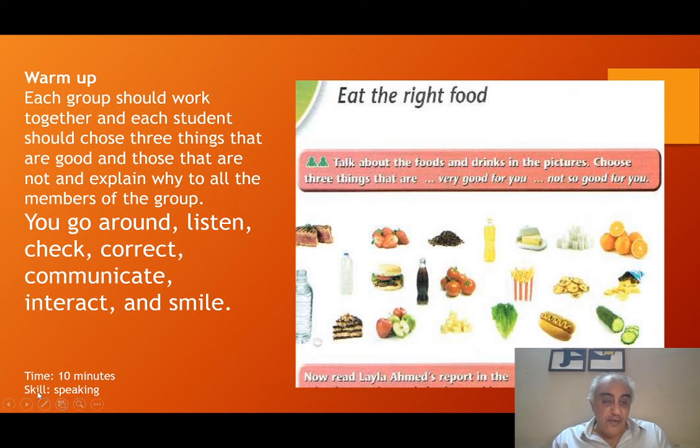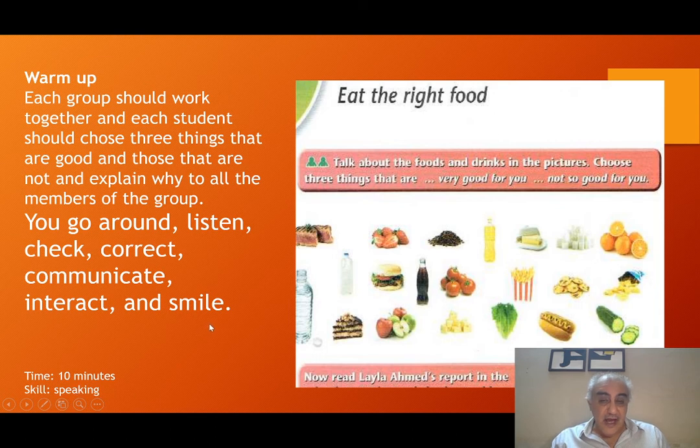The idea of the warm up is to improve the speaking skills. Remember, this is very important. You need to understand this. Of course, you're not going to tell this to the students. This is yours. So you need to understand that the main idea of the warm up here is to improve the speaking skill. That's why you need to make the other skills not your priority. Your priority is to improve the speaking.